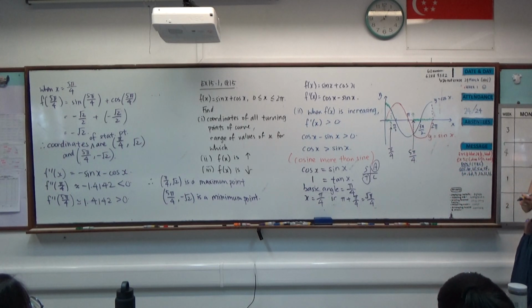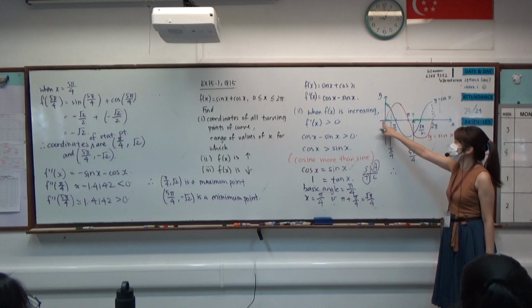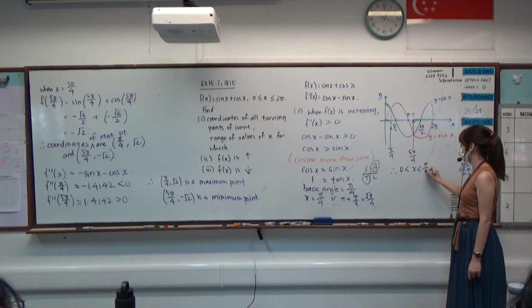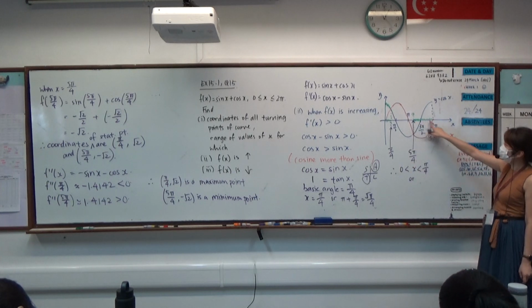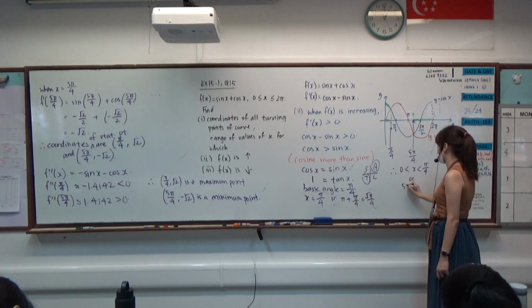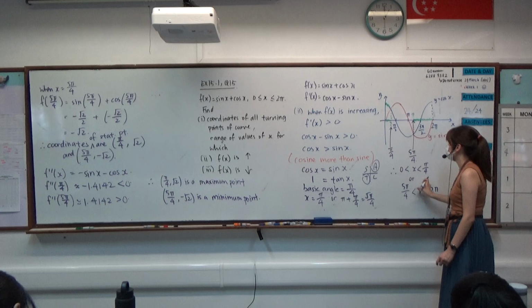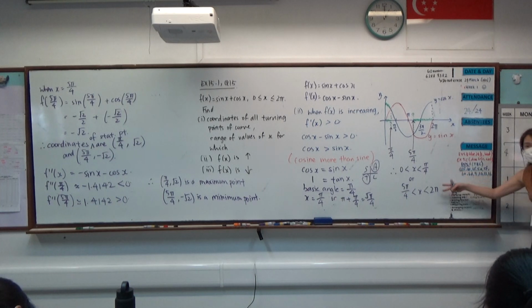So the range of values of x will be between 0 to pi over 4, or else from 5 pi over 4 all the way to 2 pi. So that's the answer. These two inequalities must be present to answer part 2.